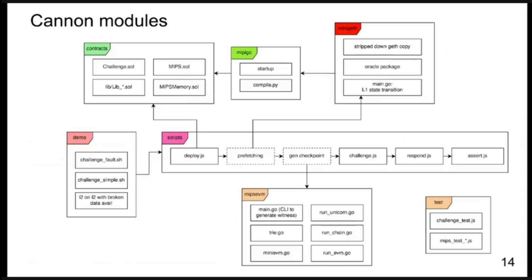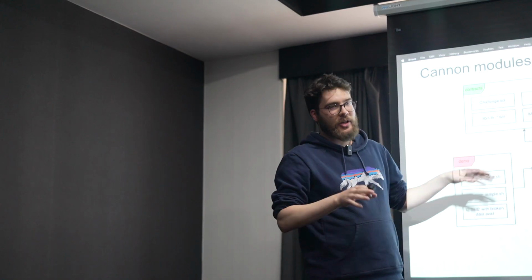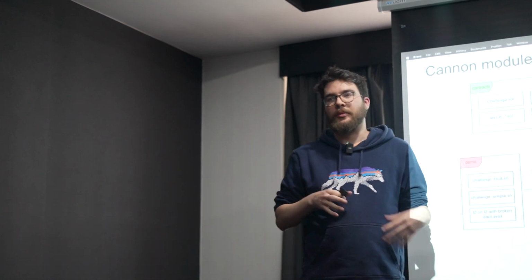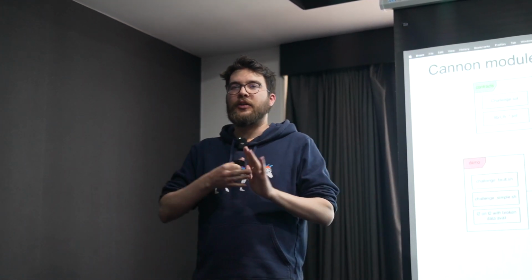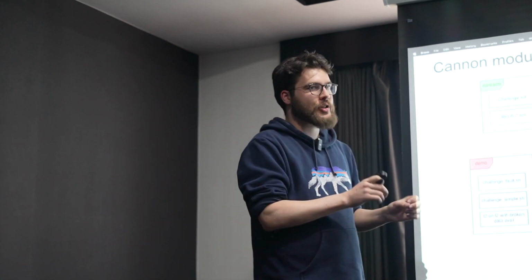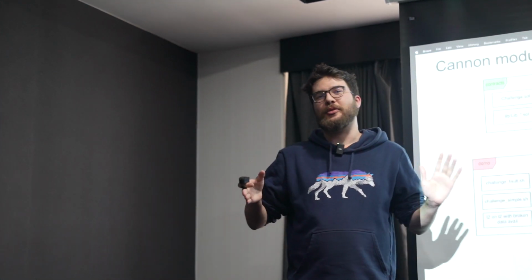But what it does is run these scripts that then run shell modules or other different things that do something with Canon. So first we deploy the contracts. We deploy whatever is necessary to run the game. Then we have some prefetching, getting the witness data to tell anything about the block that's being executed. So this is not just a single step. This is all the pre-image data you could possibly need.